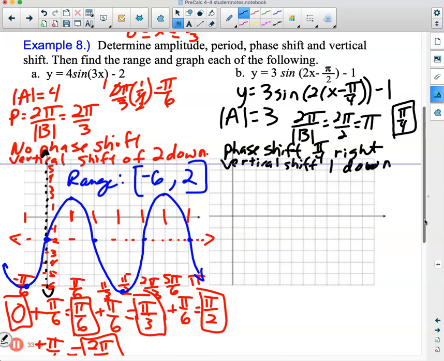We're probably going to have to go by 1s again. And let's get that helper on for the vertical. Down 1.